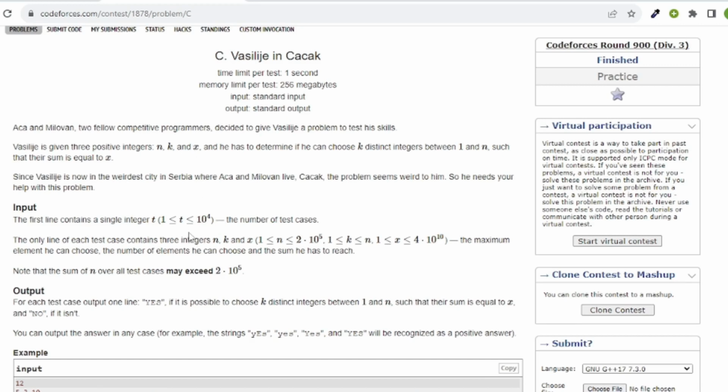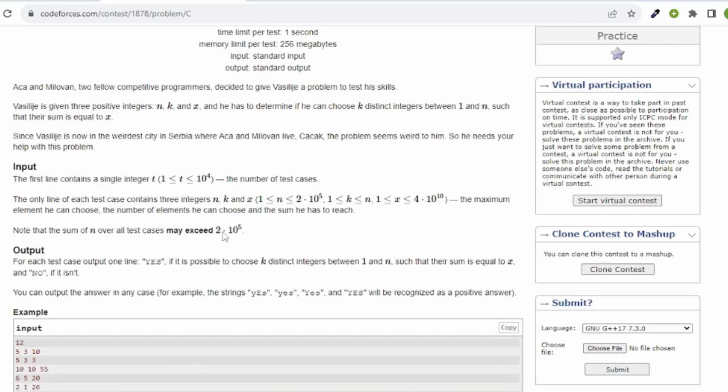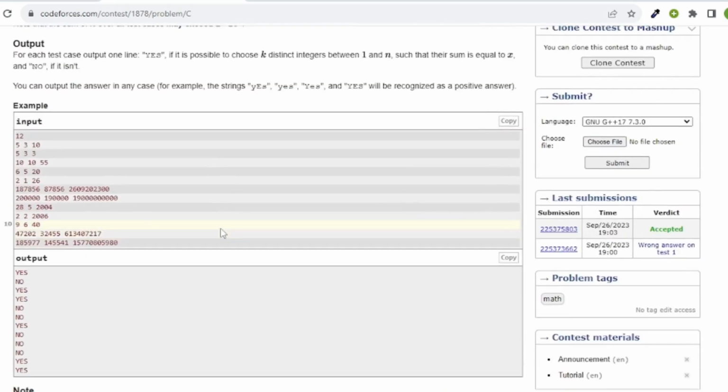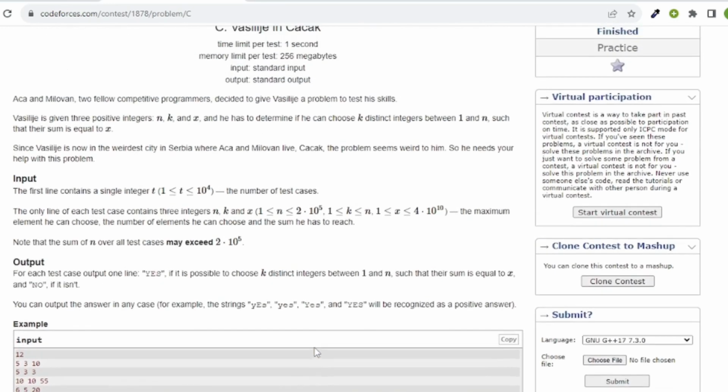Test case count t is between 1 to 10 to the power 4, n is between 1 and 2 into 10 to the power 5, k is between 1 and n, and x is between 1 and 4 into 10 to the power 10. We just have to return yes or no: if it's possible, then yes; if not, then no. I'm going to show you how to solve this problem in my test editor.